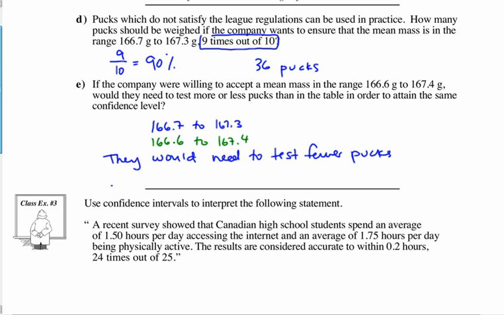A wider range of acceptable values reduces the number of values one needs to be equally confident. So a wider range reduces the number of values one needs to be equally confident.